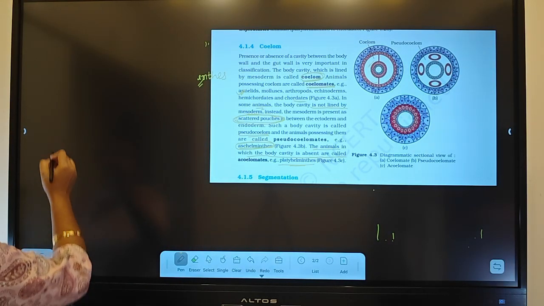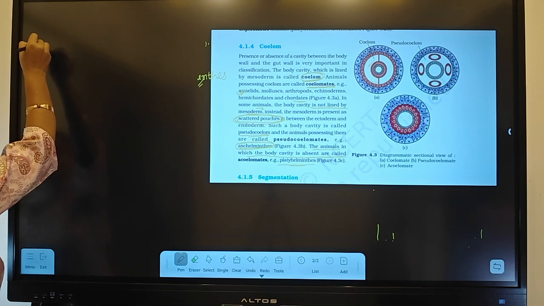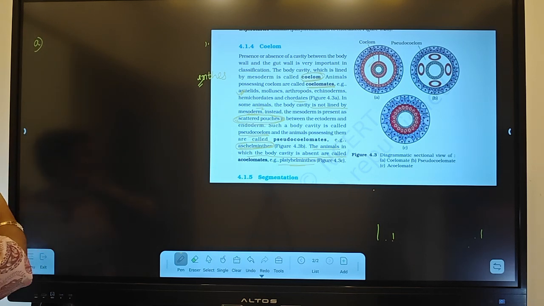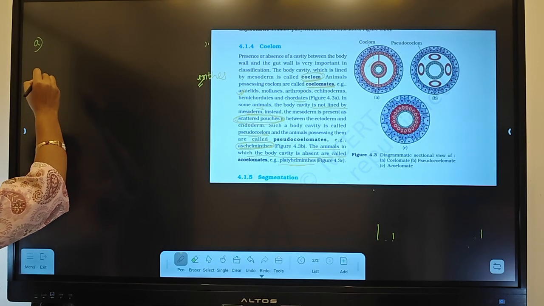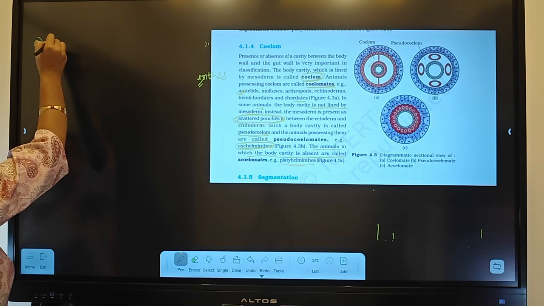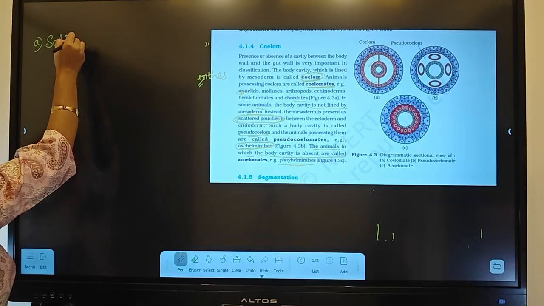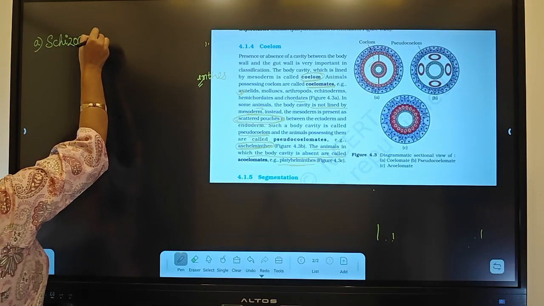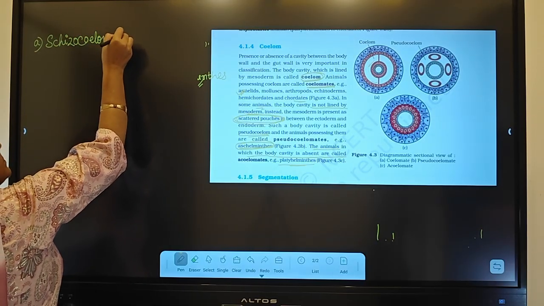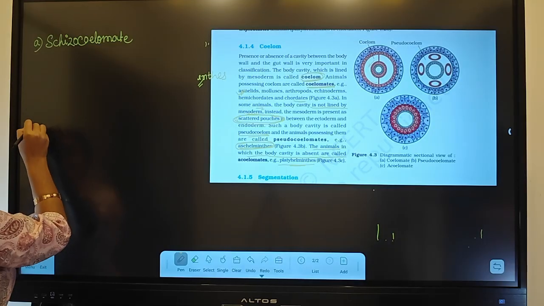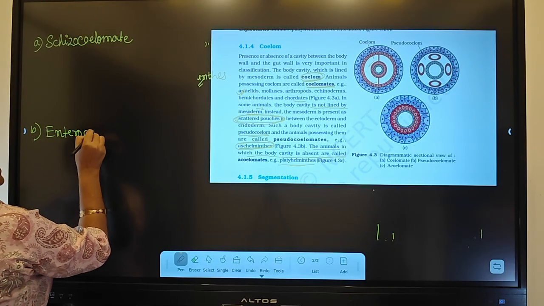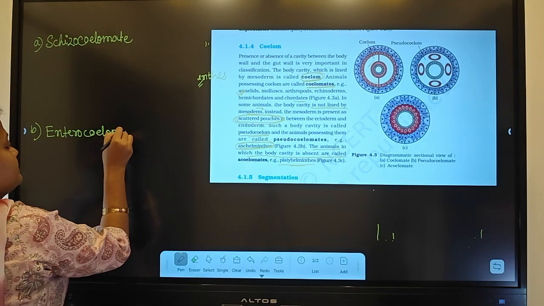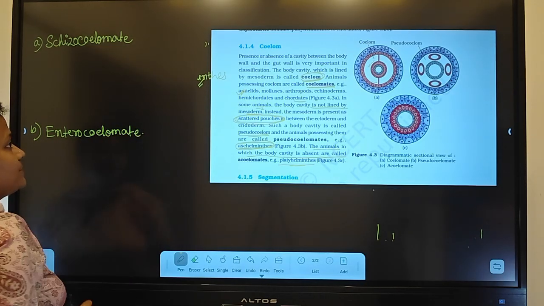Coelomates can be divided again into two categories. First category is called schizocoelomate and second category is called enterocoelomate. Okay.